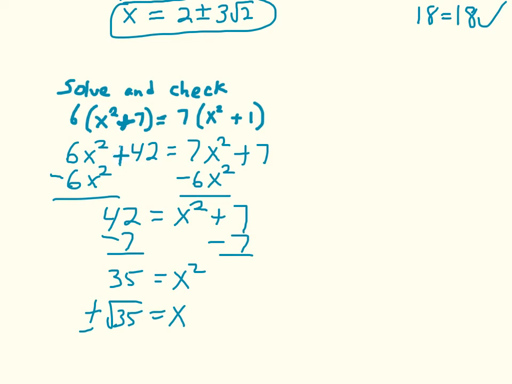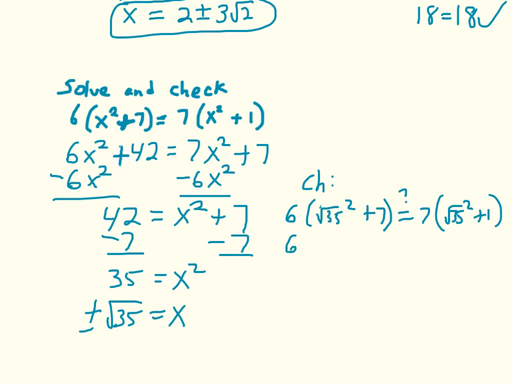So we're going to go ahead and check that. So 6 times root 35 squared plus 7. Does that equal 7 times root 35 squared plus 1?